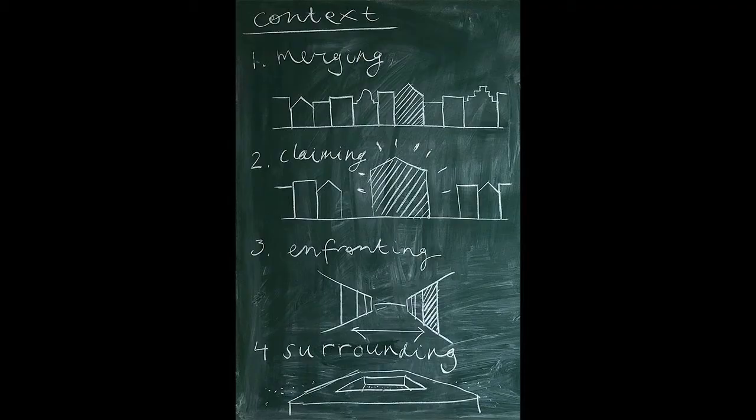You could be merging your design to the context. The design could claim its context or its landscape where it sits in. It could be enfronting, so your design is, let's say, opposite another building. And the 4th way is your design could surround the context or a piece of the context.